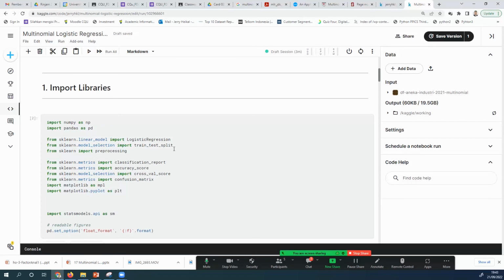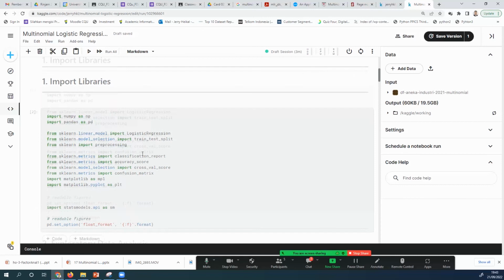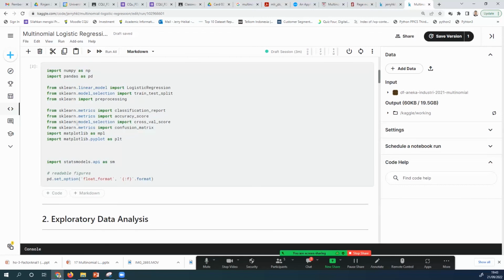So we split the data into two, testing and training. And then from scikit-learn, we import preprocessing. And then from scikit-learn metrics, we import classification report. This is for the reporting, accuracy and also cross-validation score, confusion matrix.